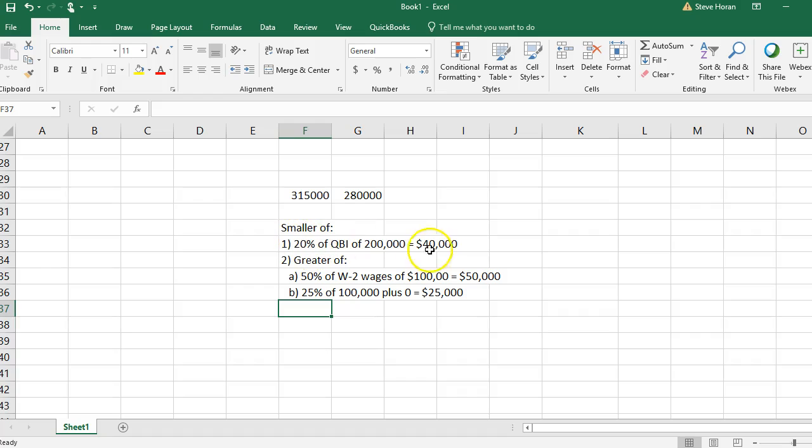So the smaller of 40,000 or the greater of A or B. Well, A is 50, B is 25, so I choose the smaller of 40 or 50. Obviously, we all know the winner here is going to be 40,000. So the answer is 40,000. Their QBI is 40,000.